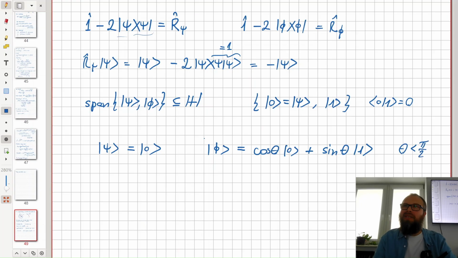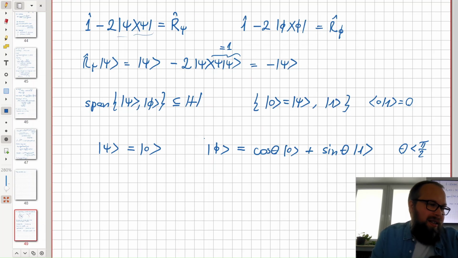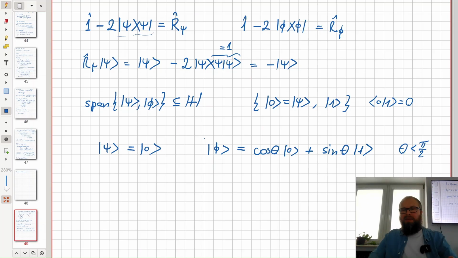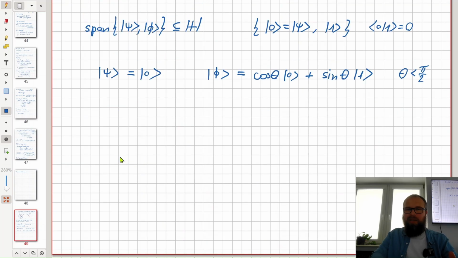So they are not orthogonal. We can always choose our basis in this span in this way. So now, once we have this parametrization, we can actually calculate the reflection operators explicitly.